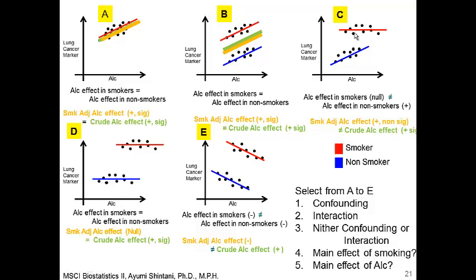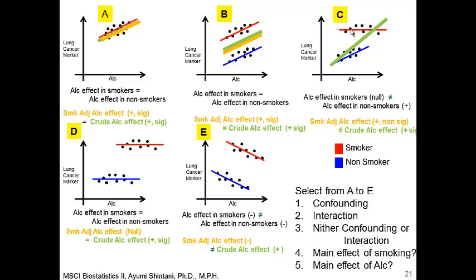In scenario C, the effect of alcohol, quantified by the slope, seems a lot different between smokers and non-smokers. So I do think there is interaction. And can smoking still confound the result? Let's examine. Ignore the red and blue lines, and let's draw a straight line. That is this one.